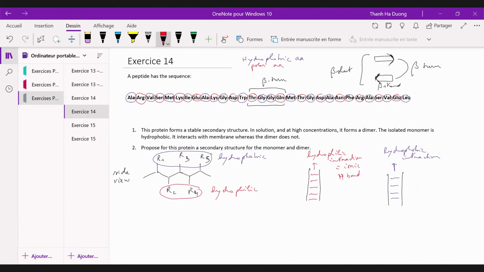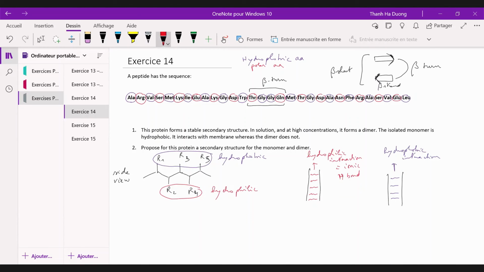In my monomer, I have a hydrophobic side, which is in violet, and the other side is composed of only polar amino acids.